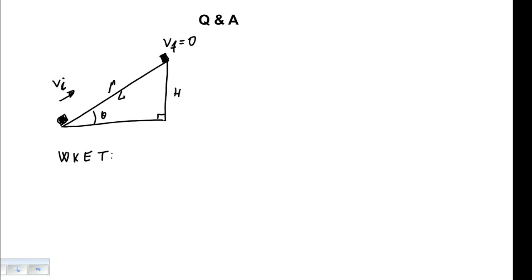Again, it's the same law, but here kinetic energy final minus kinetic energy initial should be equal to the net work done by all the forces. Kinetic final is 0. Kinetic initial is basically what we're looking for, 1/2 mv squared.